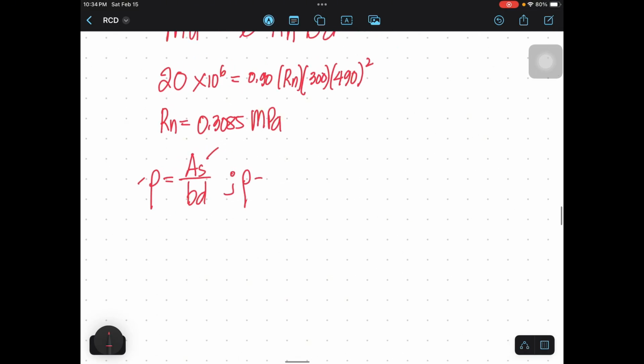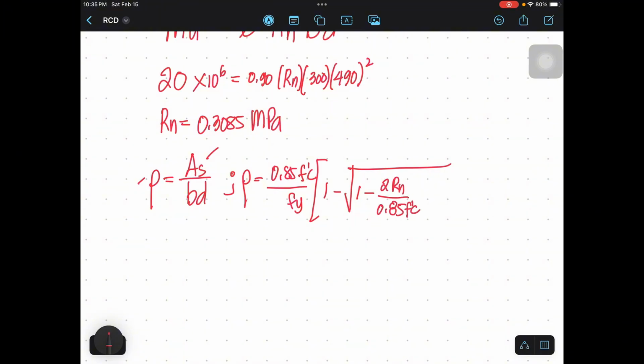Whereas, si rho is meron din siyang direct equation na 0.85 F prime C over Fy quantity 1 minus square root of 1 minus 2 Rn over 0.85 F prime C.